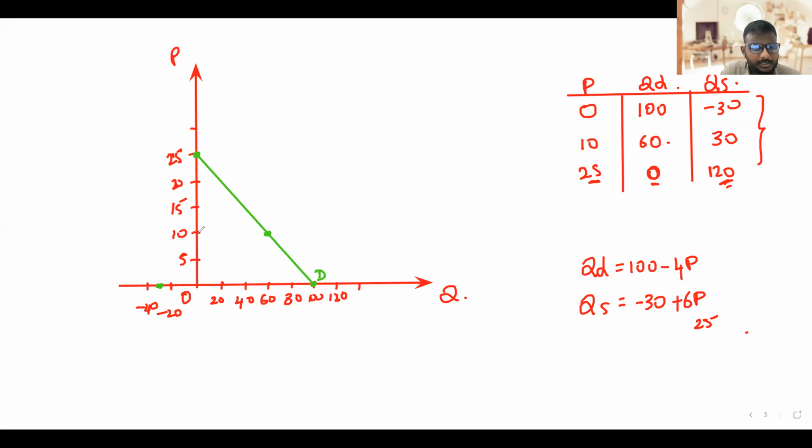So when the price is 10, it should be around here, positive 30, somewhere like this. So if I connect those 2 points, I will get an okay-ish supply curve, I believe.